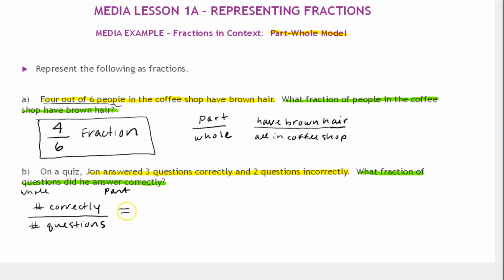So they tell us exactly the correct questions, which were 3. And the total number of questions would be the correct questions plus the incorrect questions. Okay, so we need to combine those 2 amounts to find the total number of questions. So 3/5, or 3 out of 5, is our fraction.